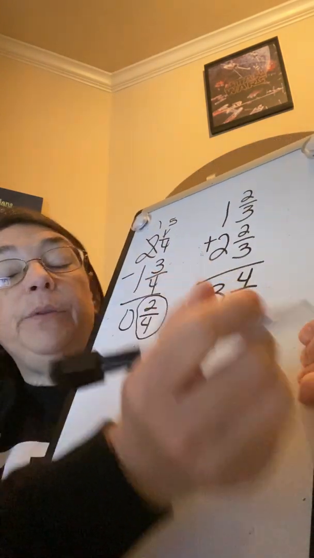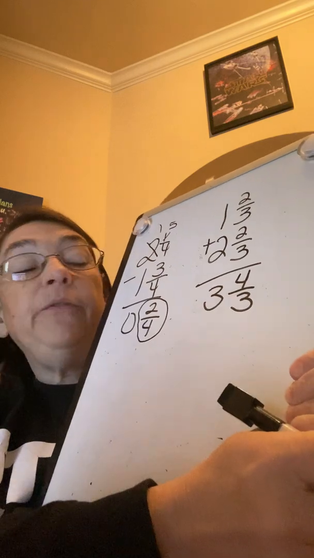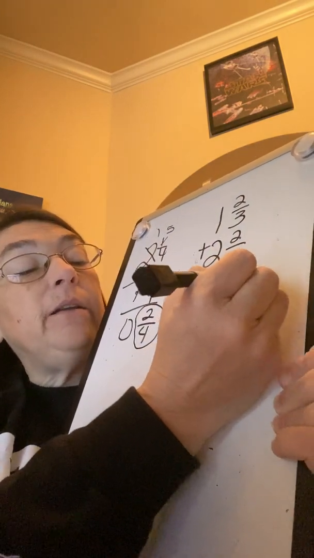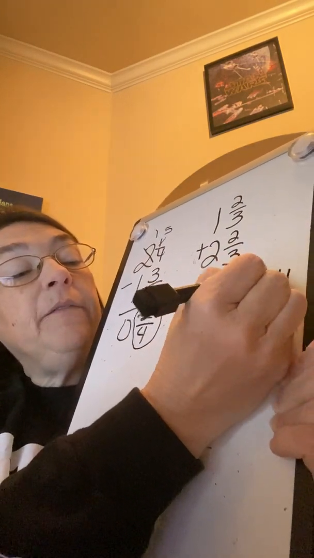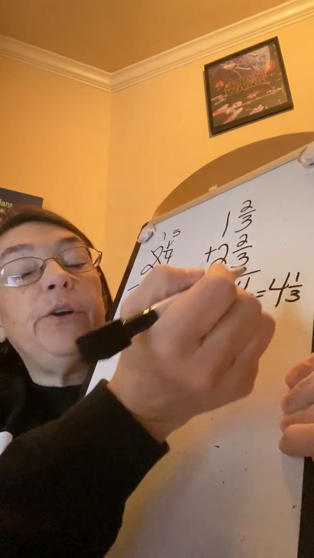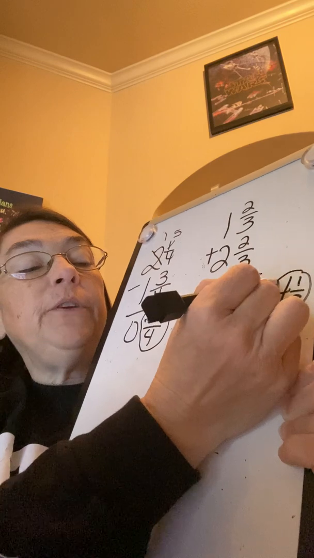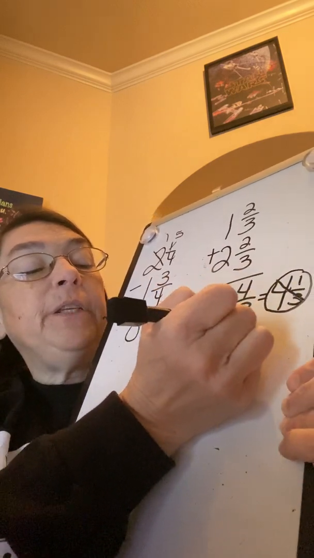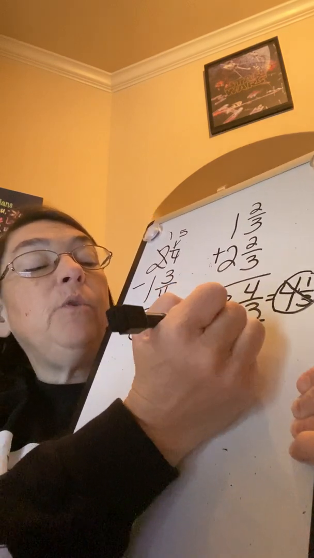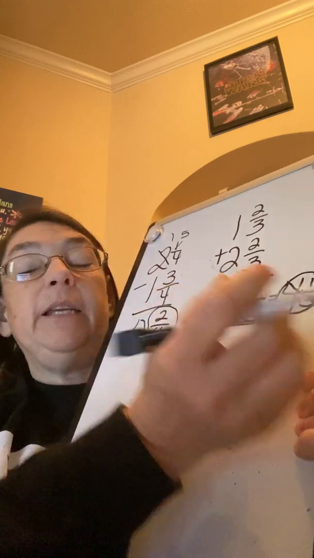It is okay if you leave it like this. However, if you know how to divide and do it right, you may have gotten 4 1/3. I will accept either one, but for most of you, this is the answer you're going to give me.